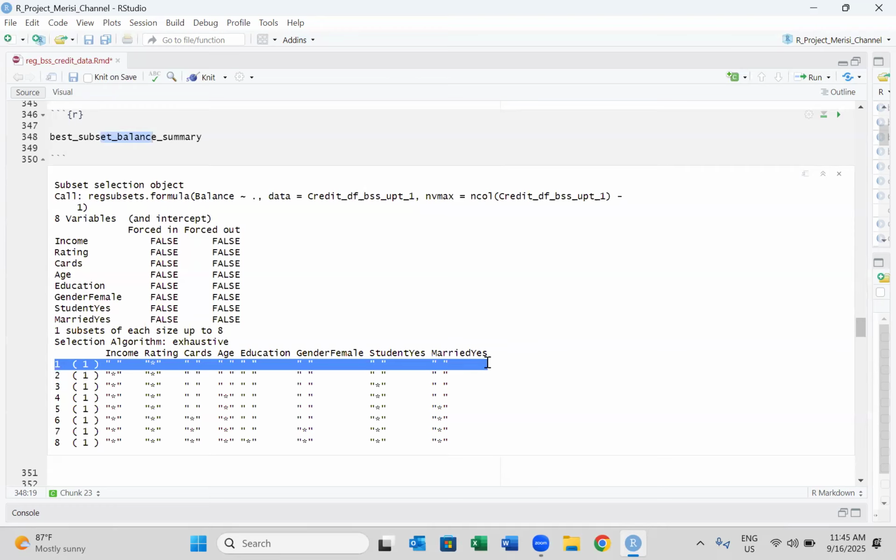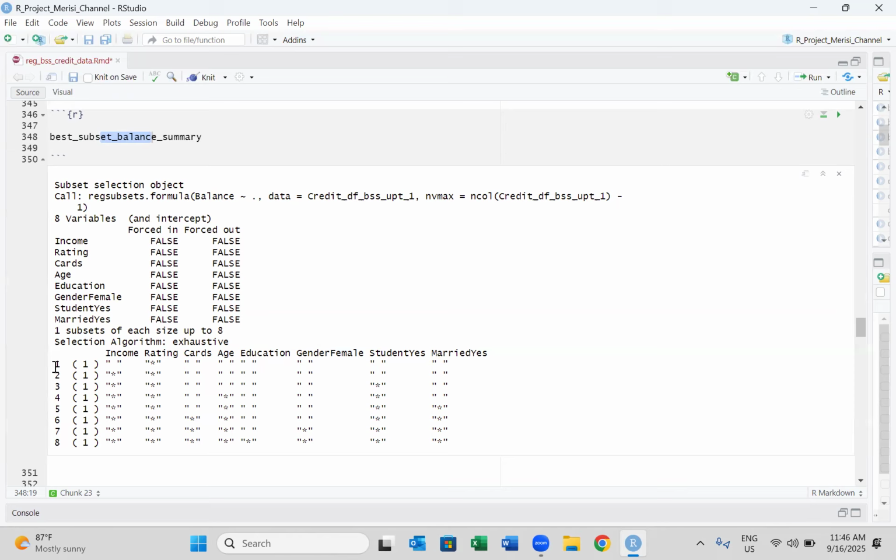But how do we actually interpret this output for this problem? Well, for each row, you look for the column or columns with an asterisk, and that will tell you the best predictors to include for each equation.